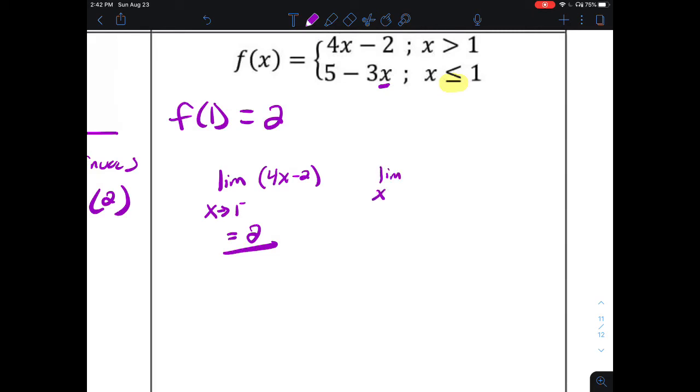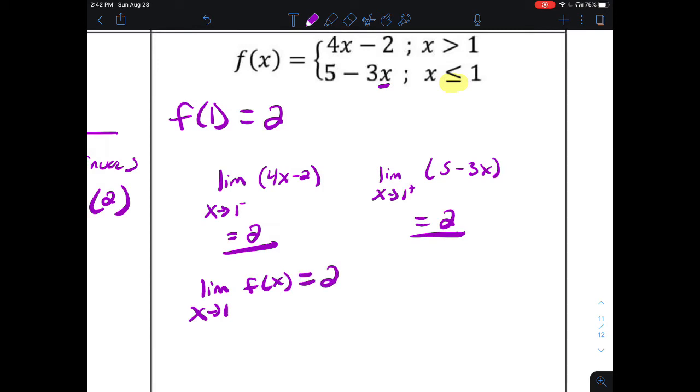For the right-sided limit, the limit as x approaches 1 from the right, we use 5 minus 3x. I put 1 in there, and I also get 2. So the limit as x approaches 1 from both sides for this function is equal to 2. Notice that that also equals f of 1. Therefore, it is continuous. So f of x is continuous.